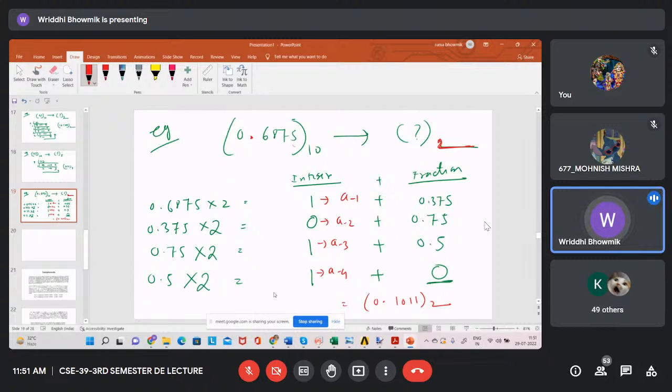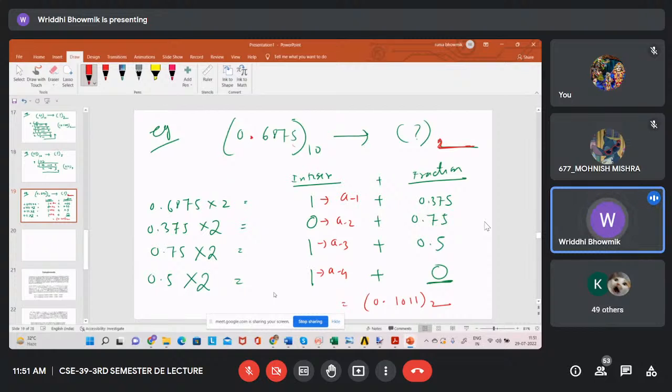In the previous case, I divided the decimal number, that was the integer 41, by 2, but here the fraction is given to us in the decimal number system, and I want to convert it to the binary number system. So I will multiply.